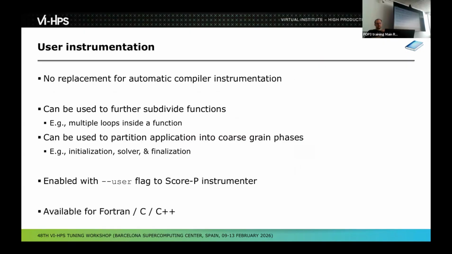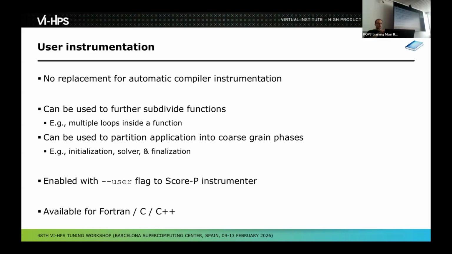The next topic that we haven't mentioned so far is user instrumentation, which is quite useful, in particular if you have some idea about how your code is structured and what the interesting portions of your code are. You can mark regions that you want to see in the results specifically. For example, if you have a loop iteration that you want to see, you can mark it and look at it in the result file.